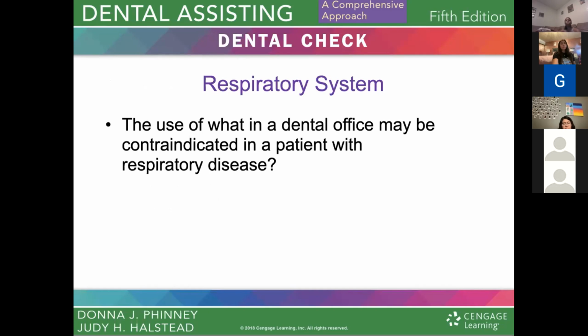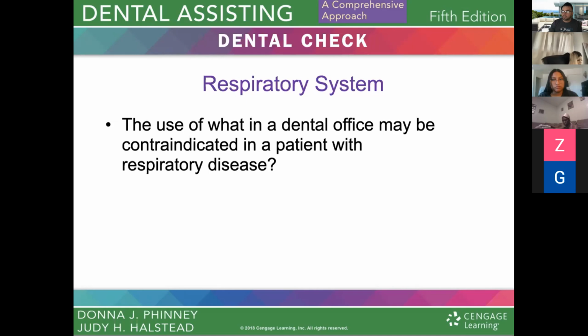Think of a type of sedation that we use. What type of sedation do we use in the dental office that requires the person to breathe?